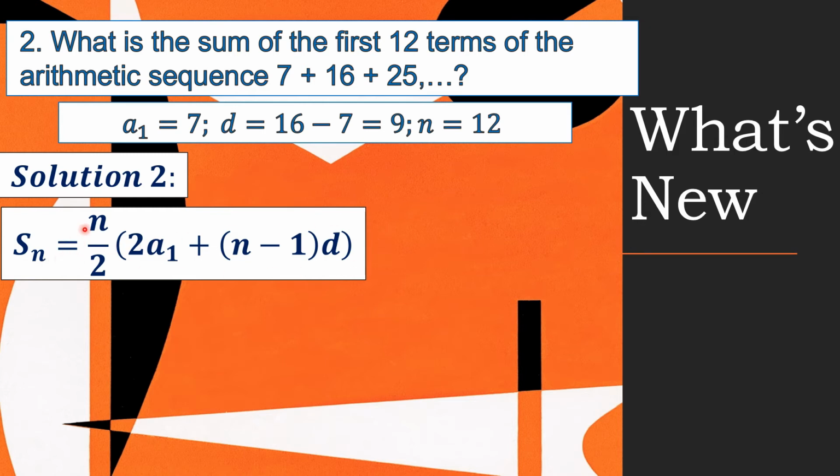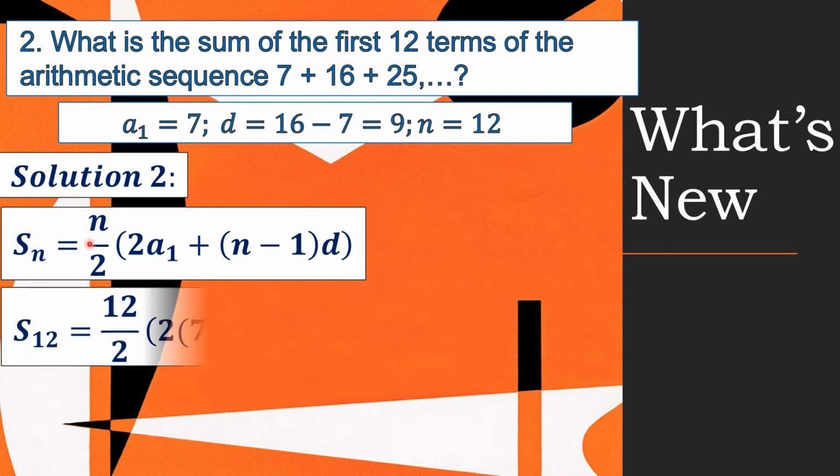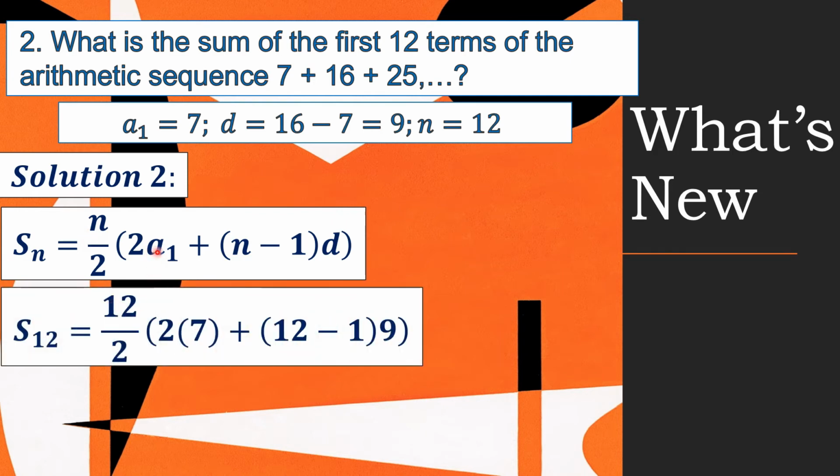Ang S sub n is equal to n over 2 multiplied by twice a sub 1 plus n minus 1 times d. So, kung mapapansin natin, itong formula na to, hindi na natin kailangan ang a sub n or ang last term natin. So, substitute lang tayo. Again, ang value ng n natin ay 12, ang a sub 1 natin ay 7, ang n natin ulit dito ay 12, at ang d natin ay 9.